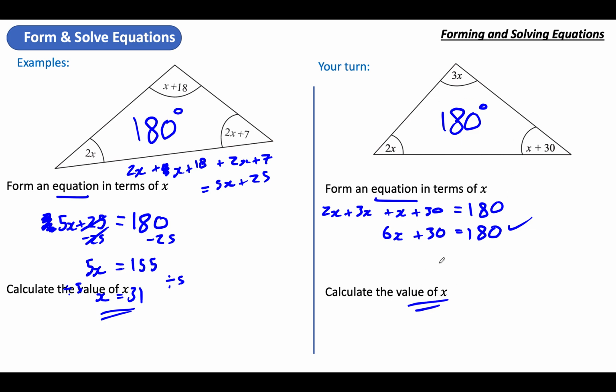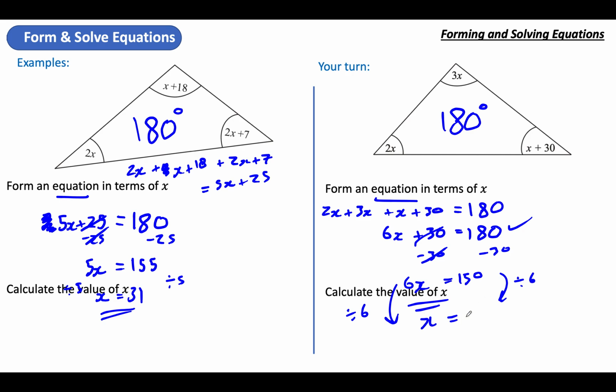So now I solve it. Take away 30 from both sides. So we have 6x equals 150. Then we don't want 6x, we only want 1x, don't we?